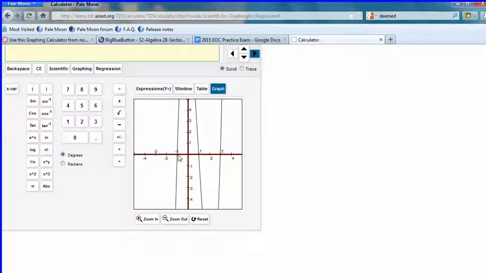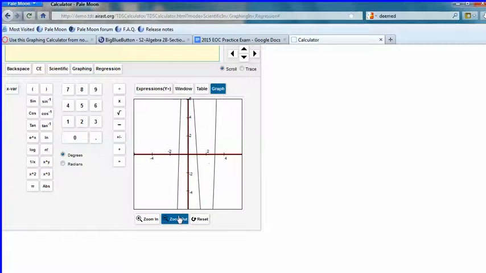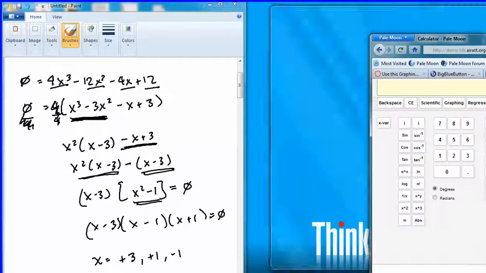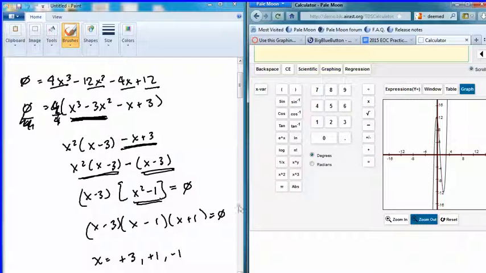It crosses at -1, +1, and 3, which is exactly our answers. And you can see that this looks like the regular cubic function that you've grown to learn and love. We cool with this? Awesome. Let me stop.